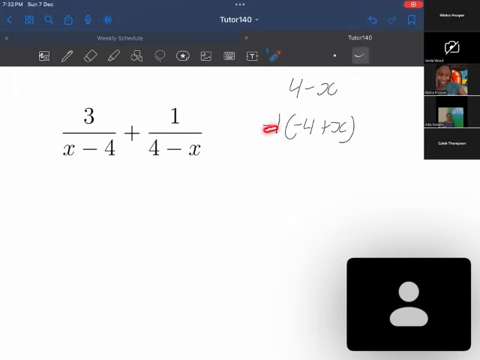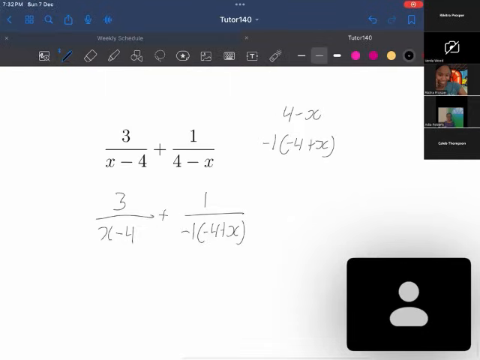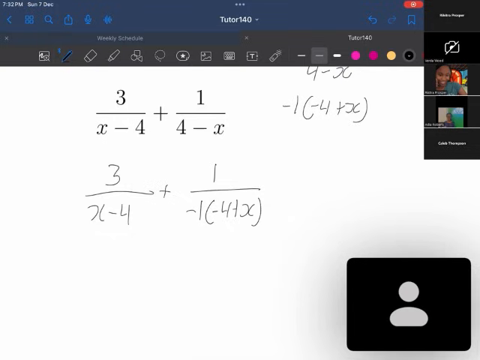I could move this negative. Let me rewrite it. Since it's negative here, I could put this negative 1 right here and make the whole thing negative.